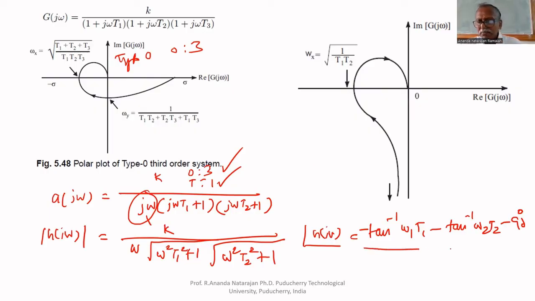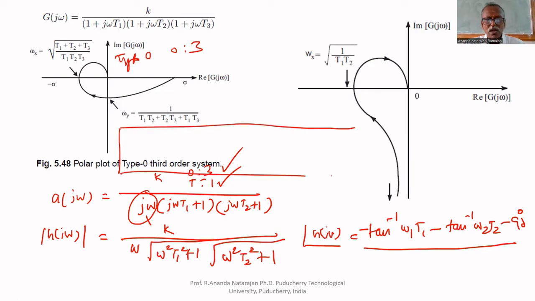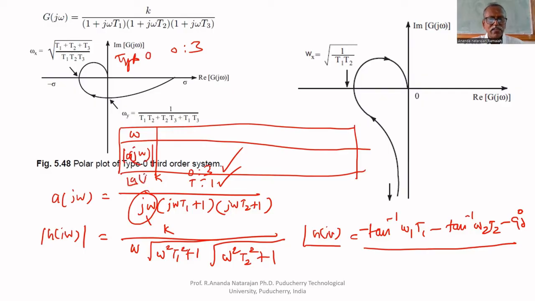So let us form the table to draw the polar plot, with columns omega, modulus of G of j omega, and angle of G of j omega.